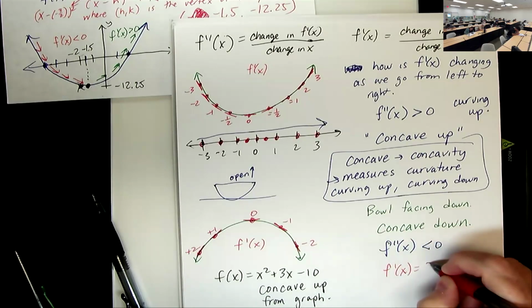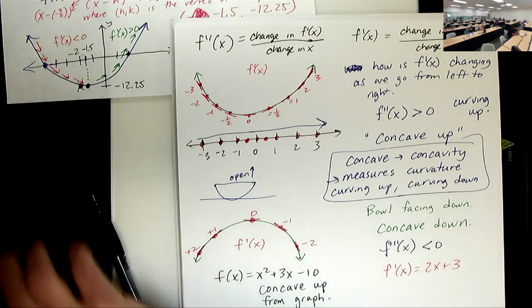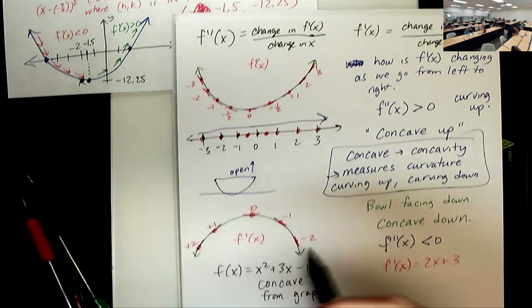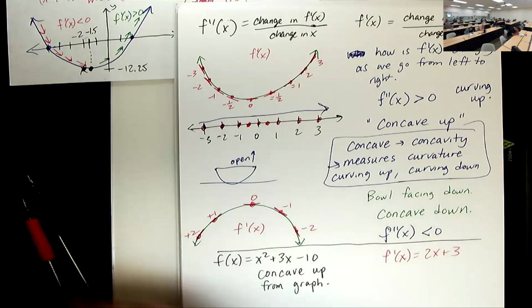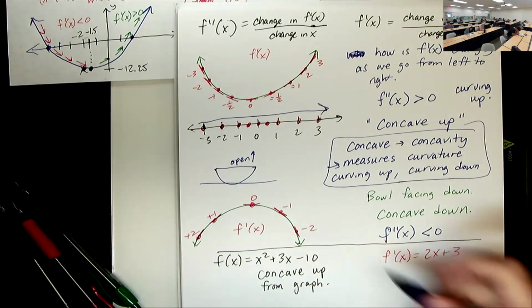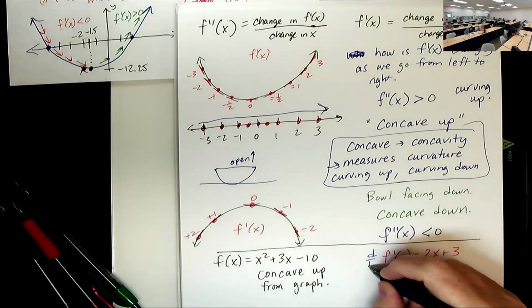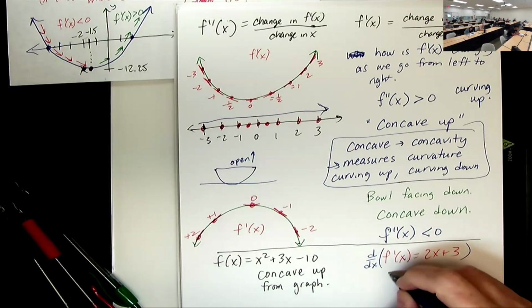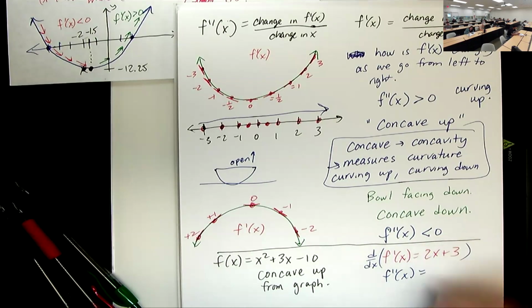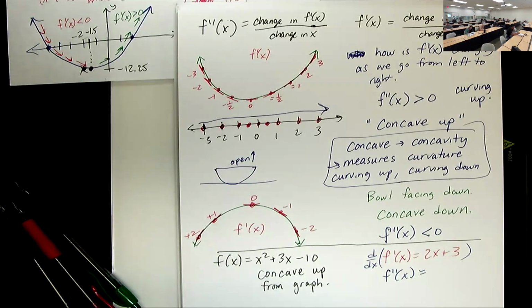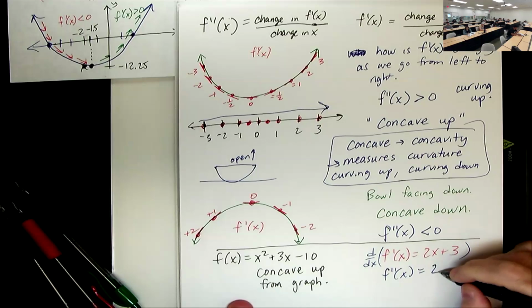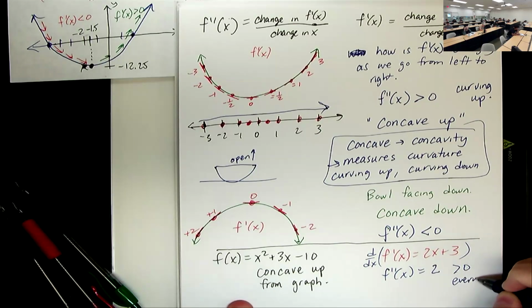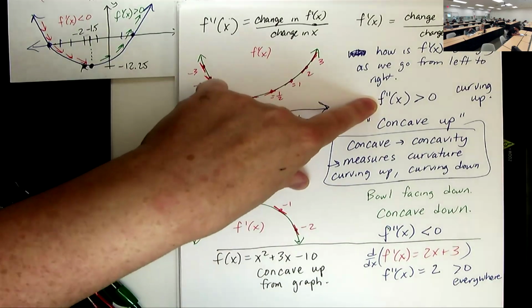We did that part earlier. If we take the second derivative, or take the derivative of this line to get the second derivative, what's my derivative there? 2. Which is greater than 0 everywhere. So that matches up with what we said with concavity.